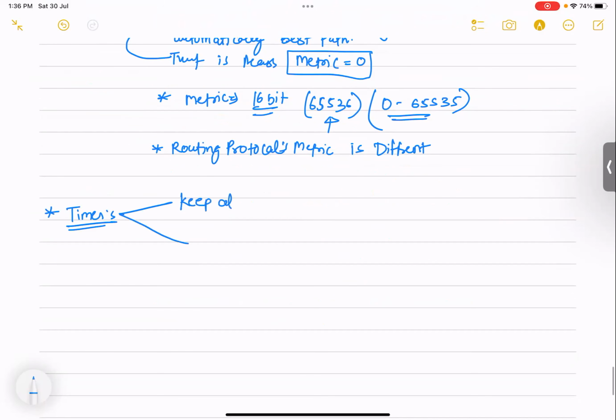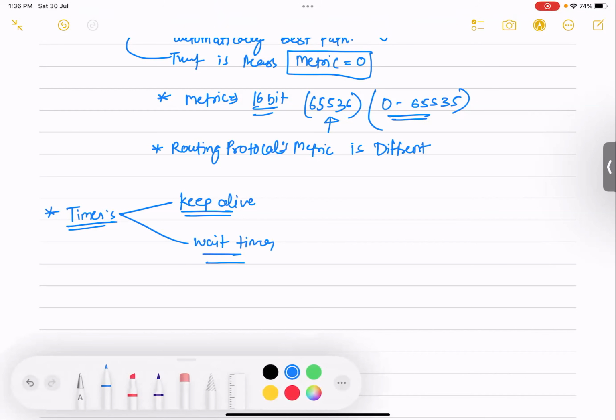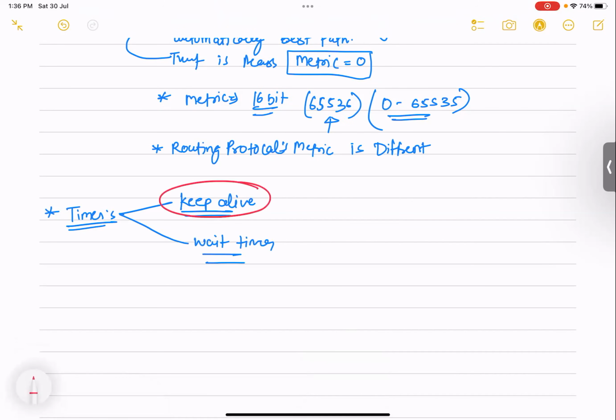One is keepalive, and the second is the wait timer, also called hold time. Keepalive verifies whether the peer is up or not, verifies the neighbor device status up or down, and checks parameters to form neighborship.